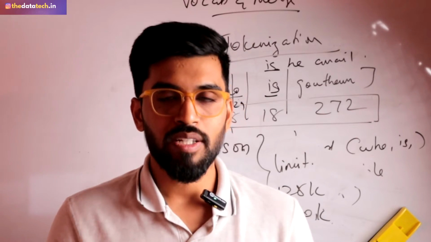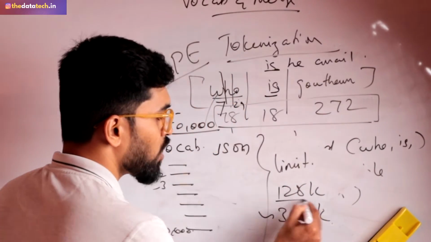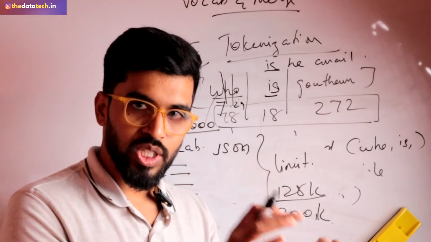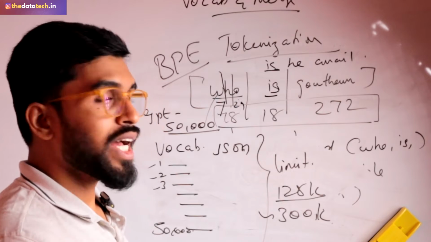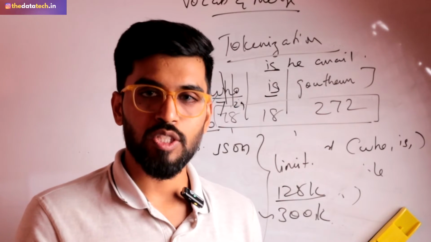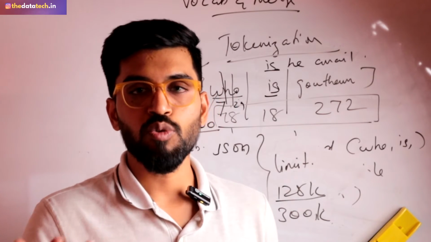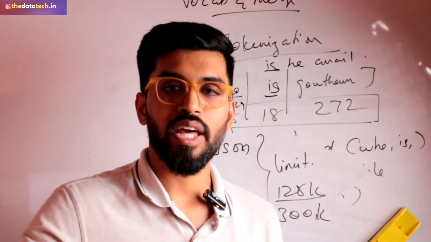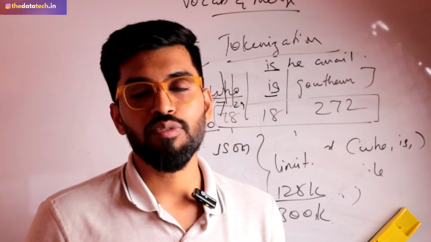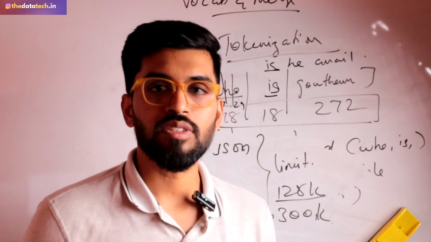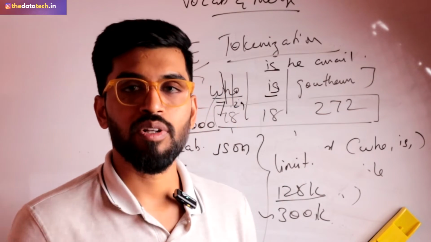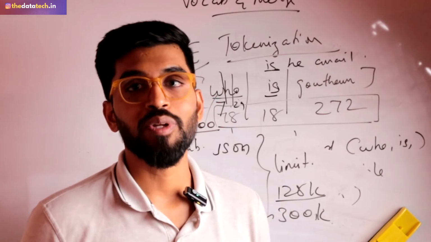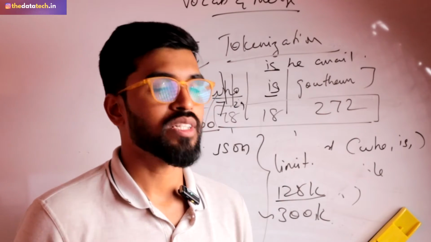So when someone tells you this number of tokens, it's not only about the chat, it's also about the vocab.json file. For the GPT-2 model, 50,000 is a sweet spot, and that's why the GPT-2 model lacks some words, and that's why they have enhanced it in GPT-3, 4 and 5 models. Maybe in future models the token limit may exceed more. Some people are saying a model can even support 1 million tokens. So it comes in that way.